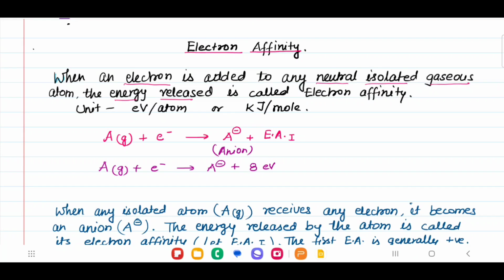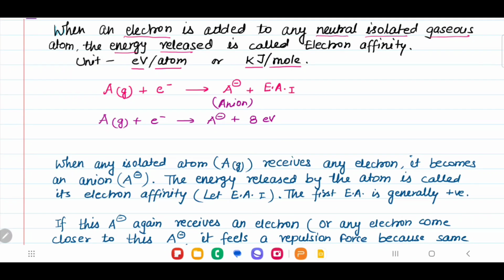When an electron is added to any neutral atom, some amount of energy is always released. This energy is the electron affinity and its unit is electron volt per atom or kilojoule per mole.